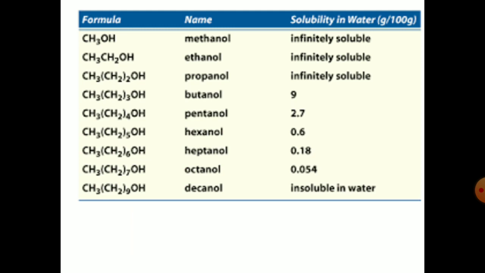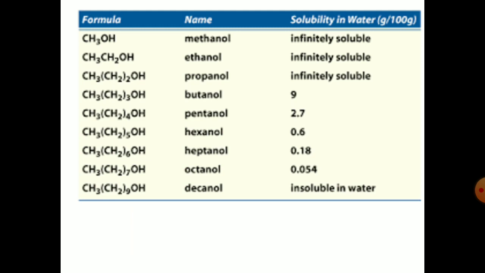If you take ethanol, it is also infinitely soluble. If you take propanol, it is also infinitely soluble. But if you take butanol, then 9 gram of butanol will dissolve in 100 gram of water. Similarly, in case of pentanol, it decreases.